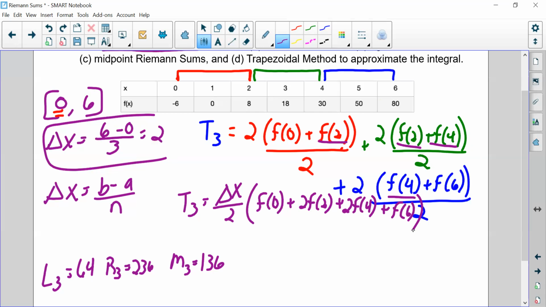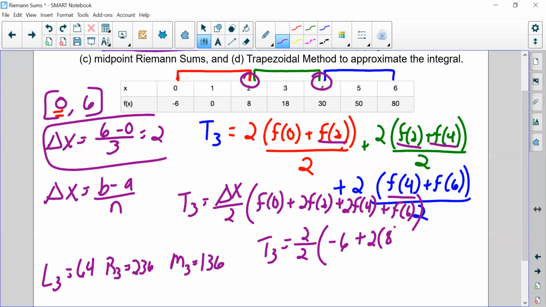So what I noticed is that in the trapezoid method, you take your delta x, divide it by 2, and then your first endpoint of your first rectangle is only written once, plus all the intermediates. Notice how each of these is drawn twice. All those intermediate ones, you have to take the height twice.